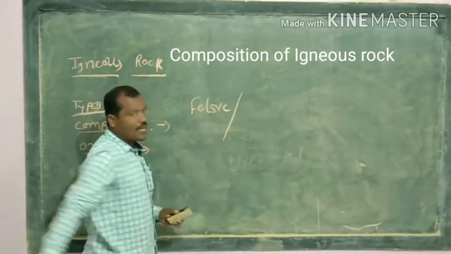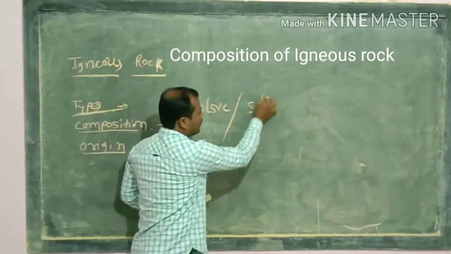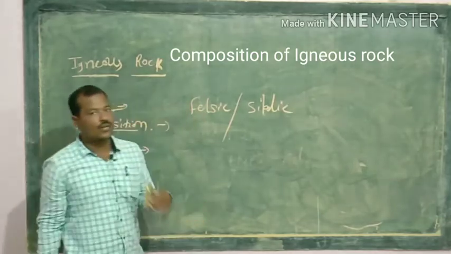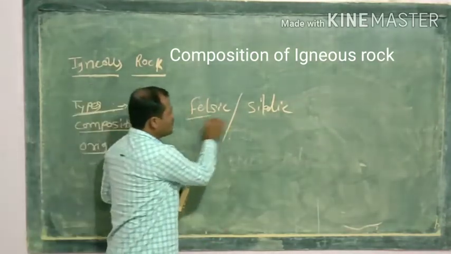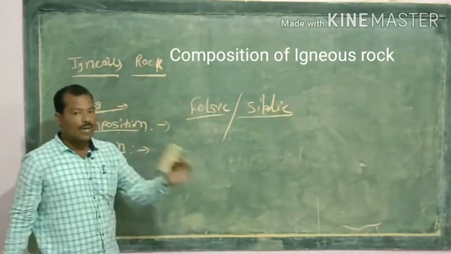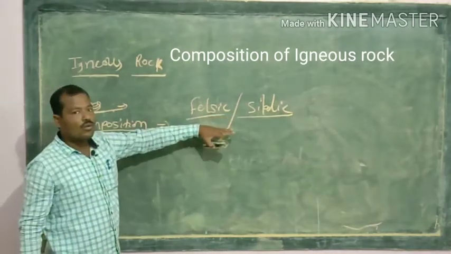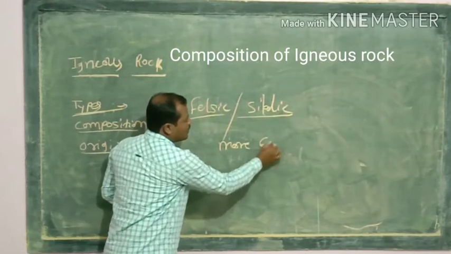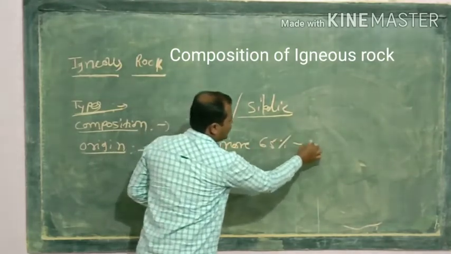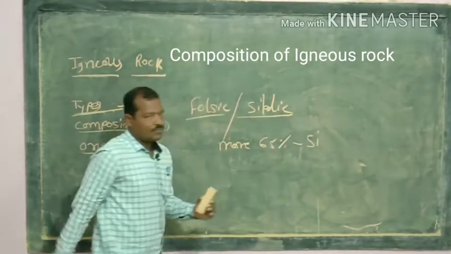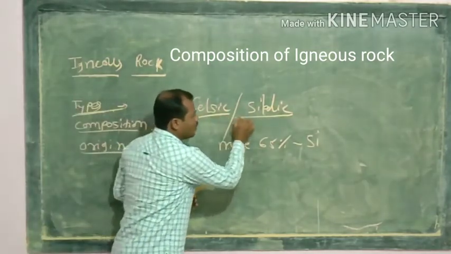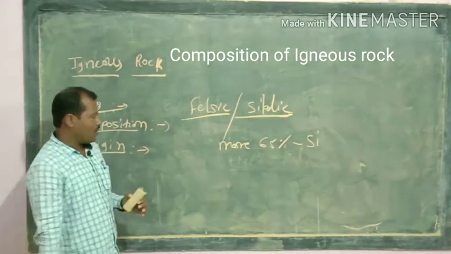It is also called sialic magma or sialic rock. Felsic or sialic is nothing but magma that contains more than 65% of silica. Depending upon the silica percent, it is a felsic or sialic rock.